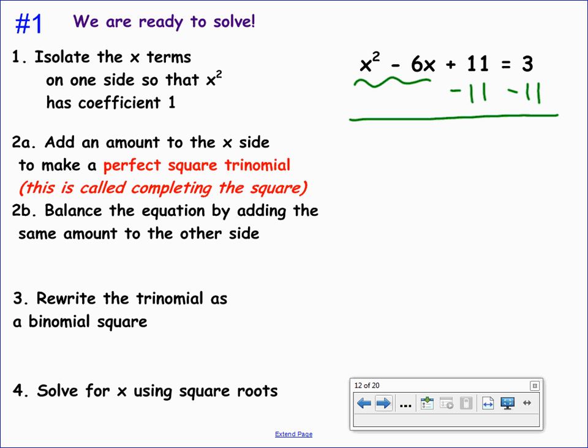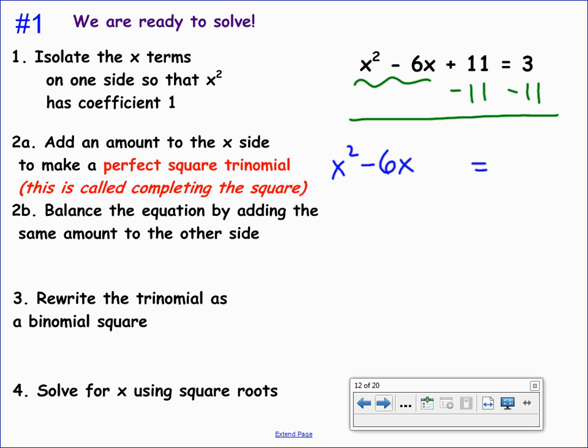This gets our x squared minus 6x alone on one side. I'm going to leave some space now to set up for completing the square. It's going to be like filling my answer blank, like you guys just did on the previous slide. We're going to complete the square by figuring out what special number we need to add to each side.